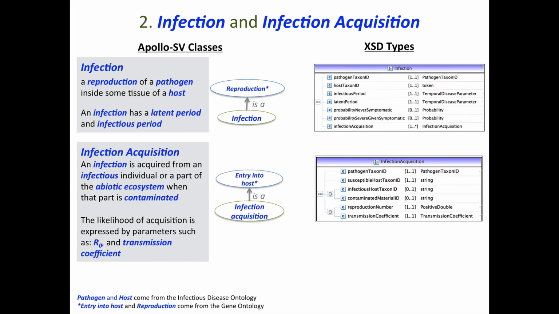Apollo SV defines infection acquisition rather than infection transmission. An infection is acquired from an infectious individual or a part of the abiotic ecosystem when that part is contaminated. The likelihood of acquisition is expressed by parameters such as the basic reproductive rate and transmission coefficient. The corresponding XSD mirrors this definition.